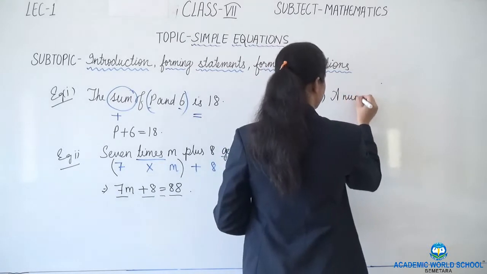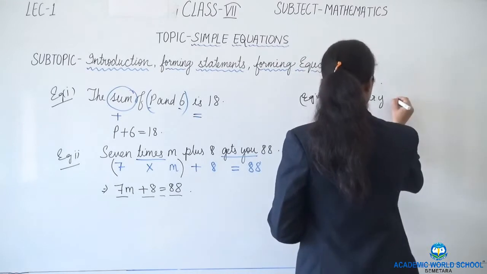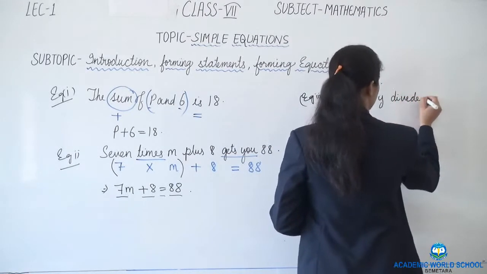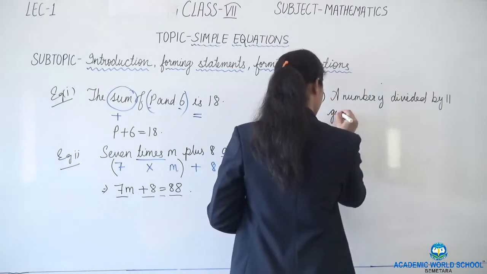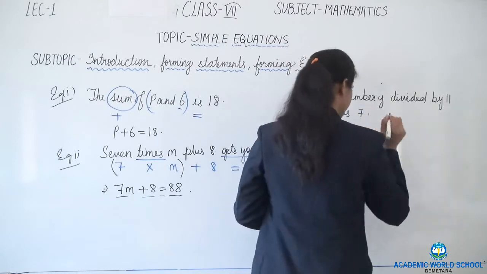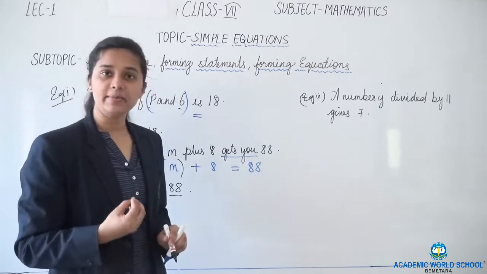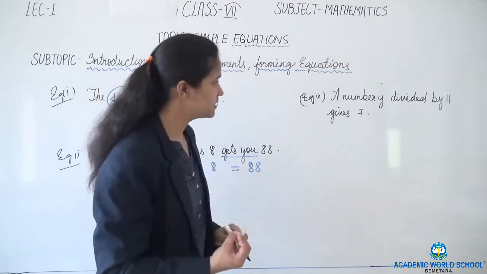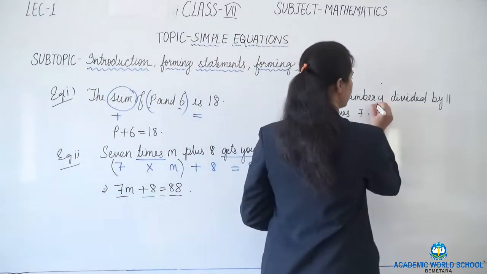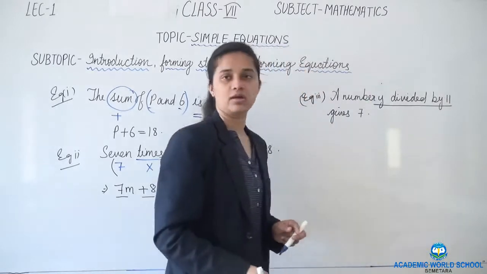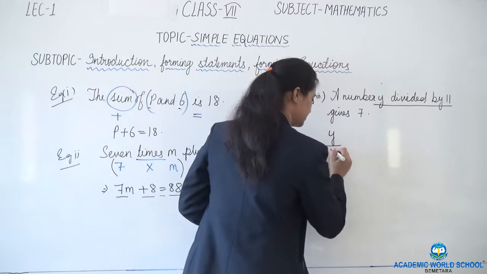A number y divided by 11 gives 7. Divided by 11 means y by 11.